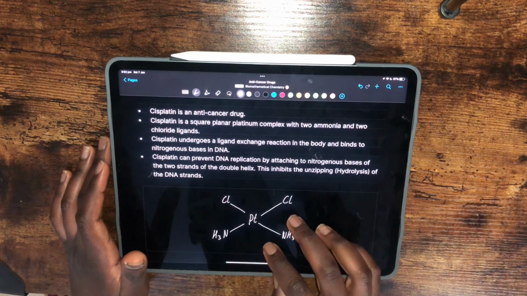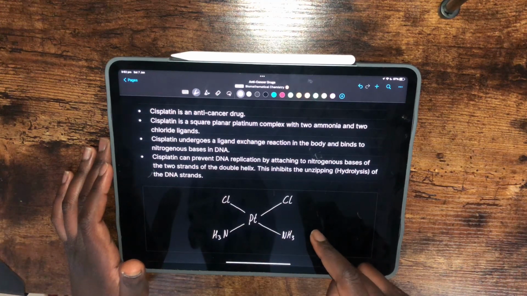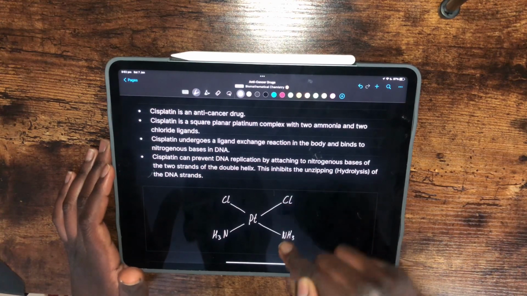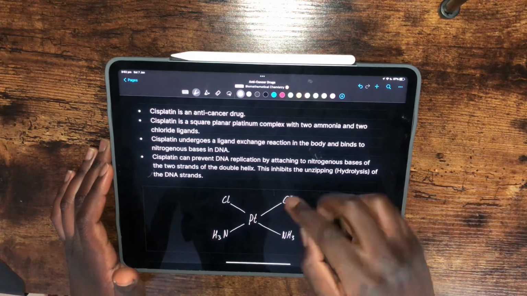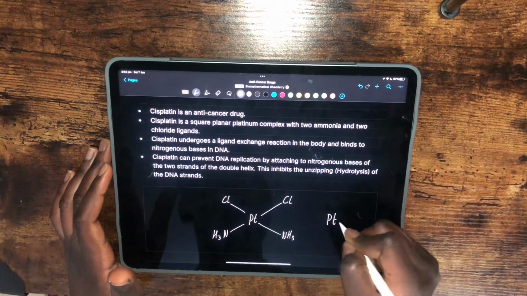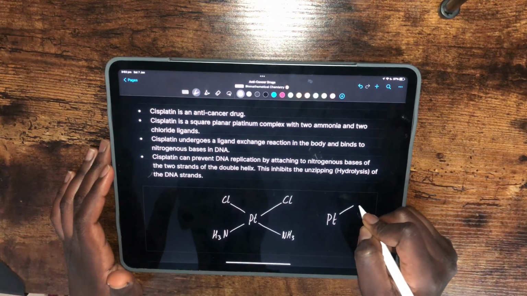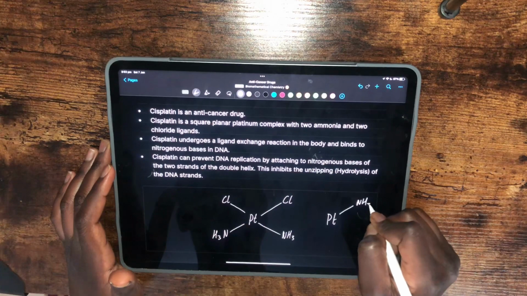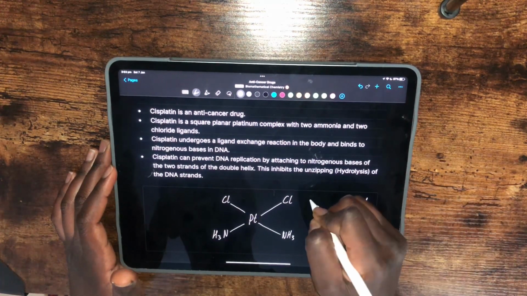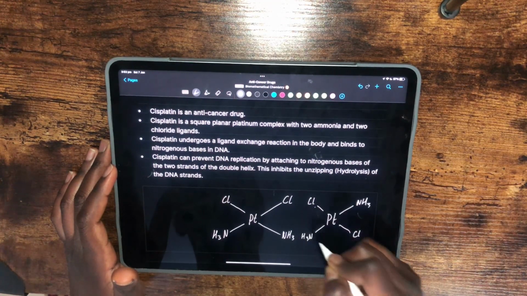If I was to swap them over, if I put the Cl here and put the NH3 here, sorry, this is a terrible example, but this would be transplatin, the opposite side.